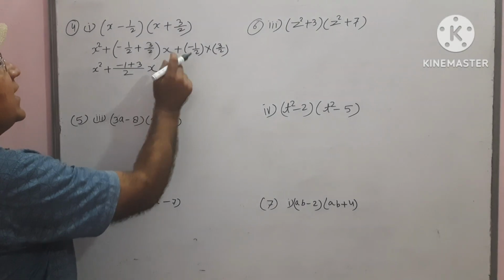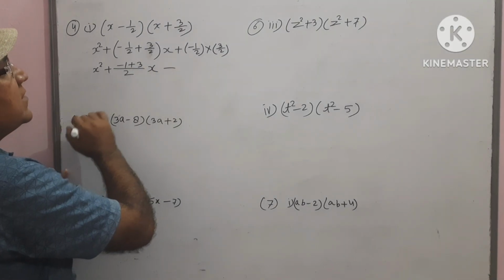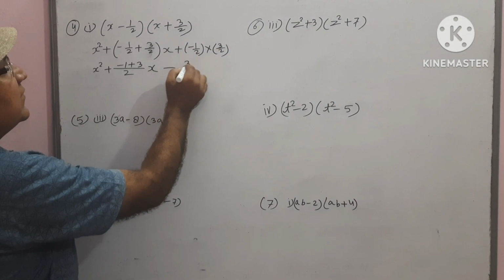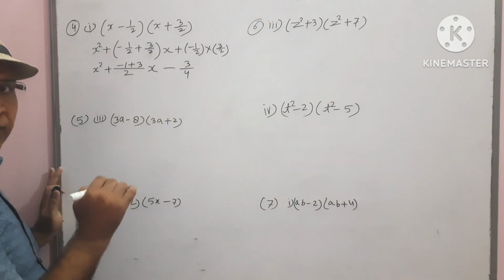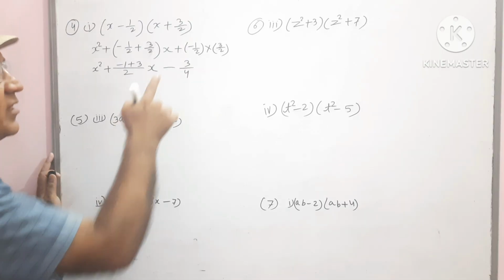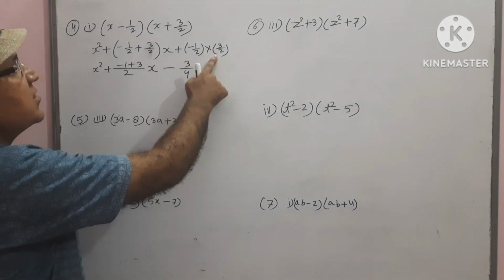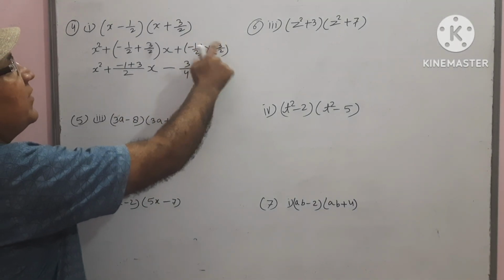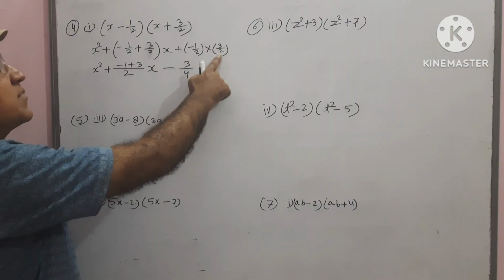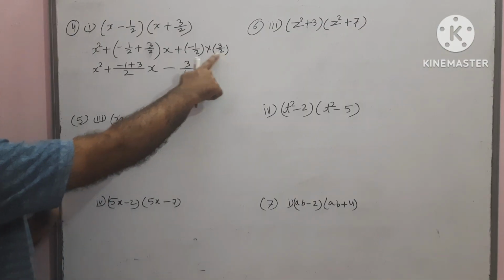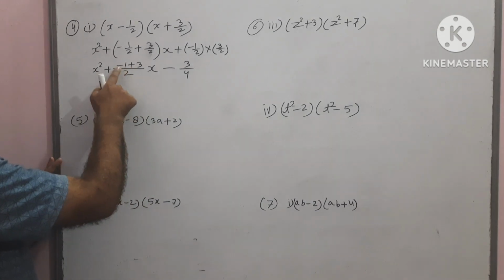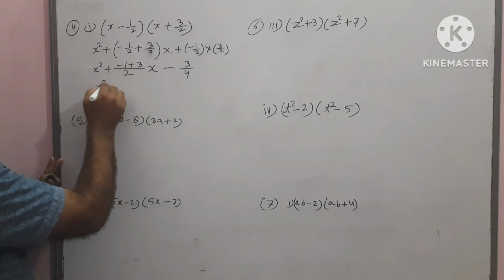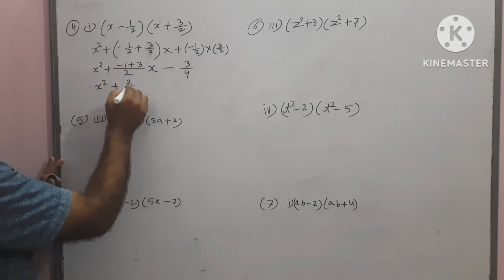This one plus into minus becomes minus. 1 is multiplied by 3 becomes 3. 2 is multiplied by 2 becomes 4. Because in the case of multiplication of the fractions, numerator is multiplied with numerator, denominator is multiplied with denominator. That is why we are getting 3 by 4. Now here minus 1 plus 3 becomes 2.